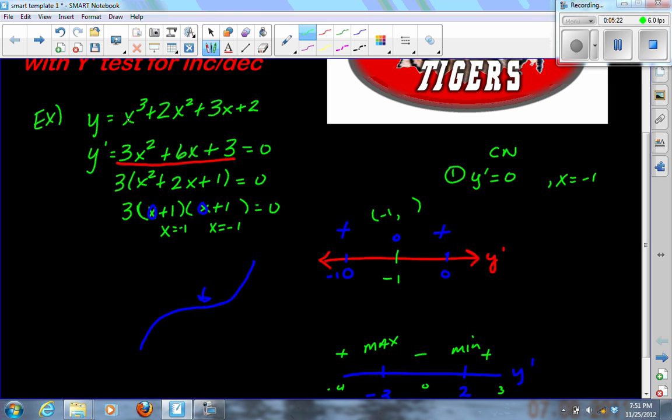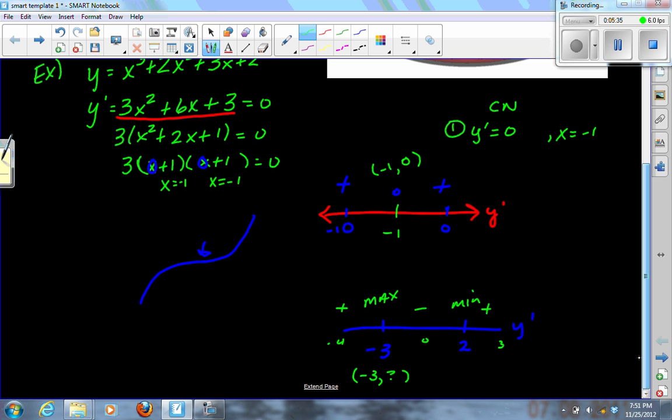So that would be a 0, giving negative 1, 0. And that would be the whole ordered pair where this transition occurred. And you could do the same thing down here to find these entire ordered pairs where this max occurs or this min occurs. So that's how you find a max and min with a y prime number line test.